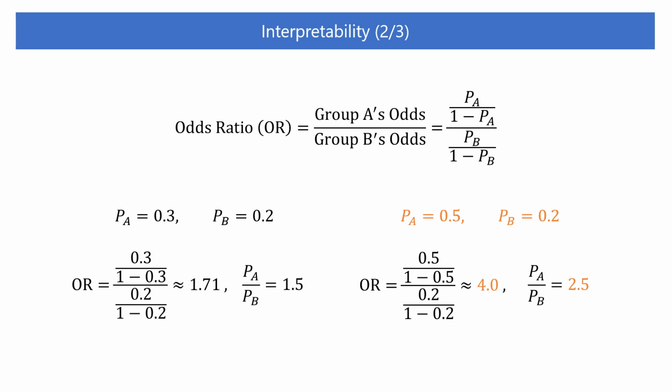For example, if the probability of occurrence in group A is 0.5 and the probability of occurrence in group B is 0.2, the ratio of the probability of A divided by the probability of B is 2.5. But the odds ratio of A to B is 4. The increase in odds ratio is larger, suggesting the sensitivity of odds ratio.